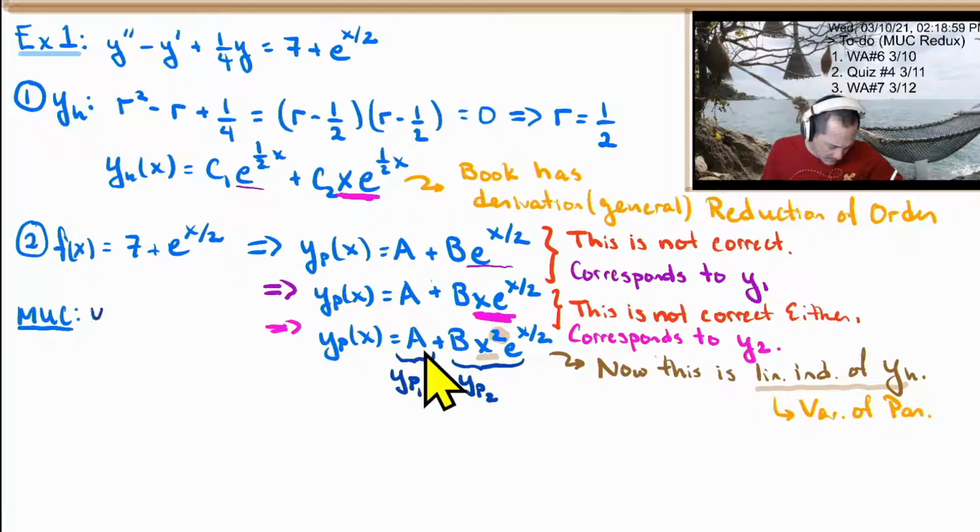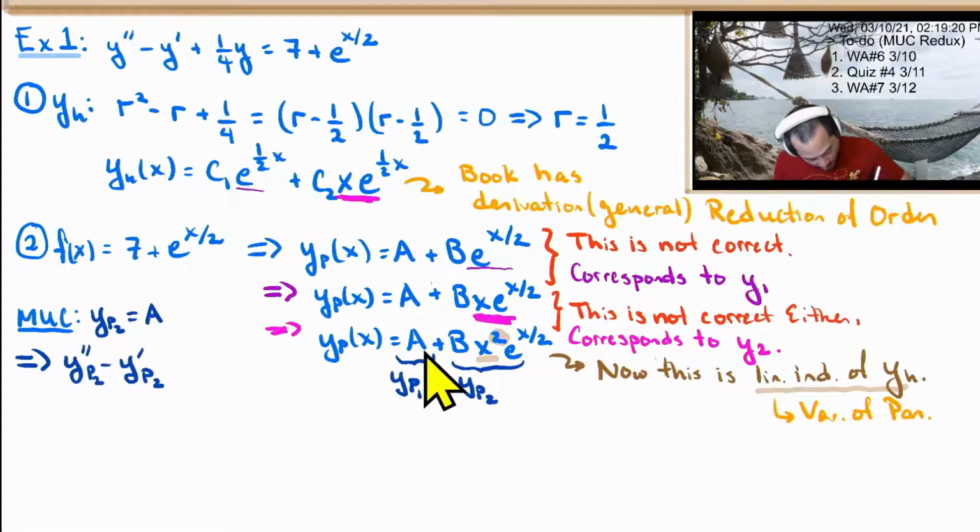So if I have y sub p2 equal to A, then that implies y double prime sub p2 minus y prime sub p2, and you might not want to write it as p2, but however you organize your work so you remember what you're doing, that's the important part.